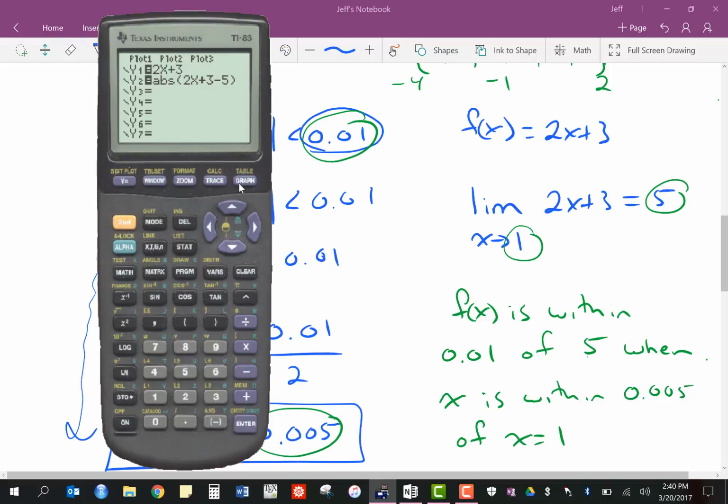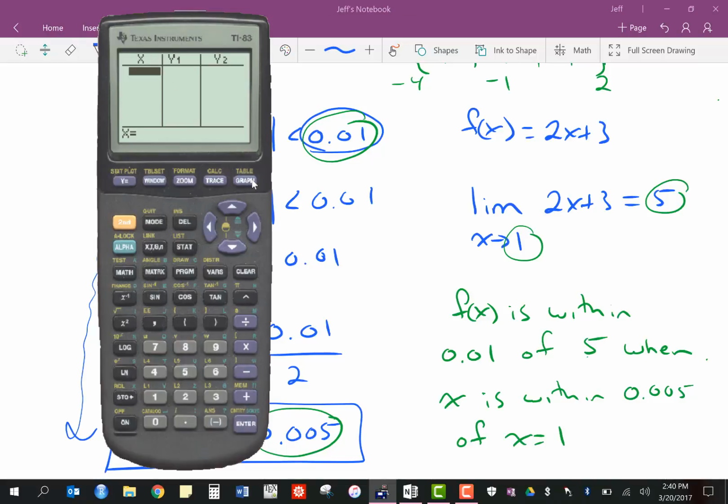What I'm doing is setting it up so that I can use this table. If I put in an x value, then in this column I'm going to evaluate the function at that value. And then in the second column, I'm going to evaluate how far away that function is from 5. So, for example, I'm going to look at 1.001.